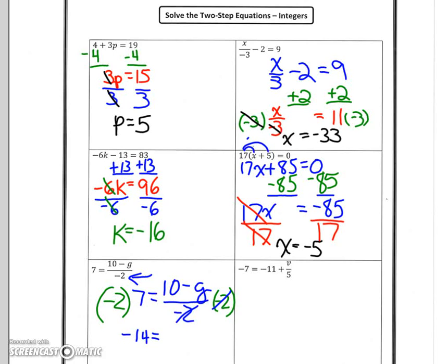Then we have 10 minus g. So when you multiply by the negative 2 on the right side there, all you're doing is canceling out that negative 2 in the denominator. You're not doing anything to the 10 minus g. So now we have negative 14 equals 10 minus g.